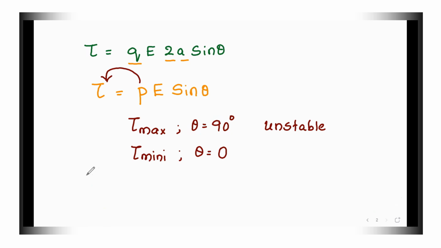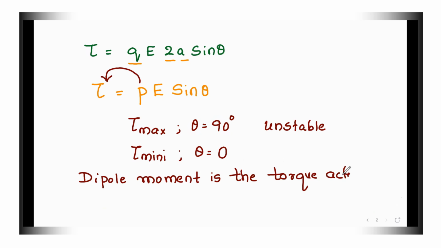Now, from this formula, we can define the dipole moment. So what is dipole moment? Dipole moment is the torque acting on a dipole. That means tau will be equal to P when this is 1 and sine theta is 1.